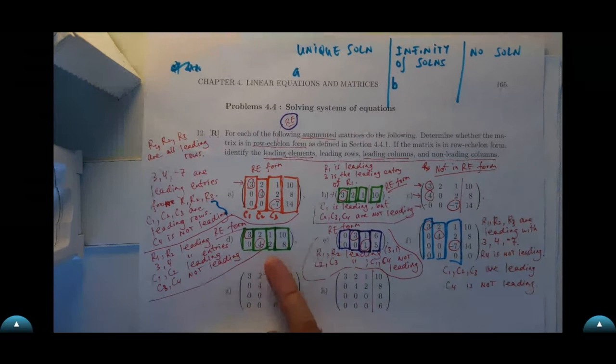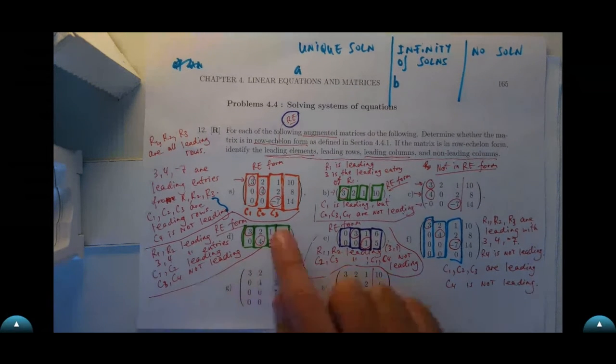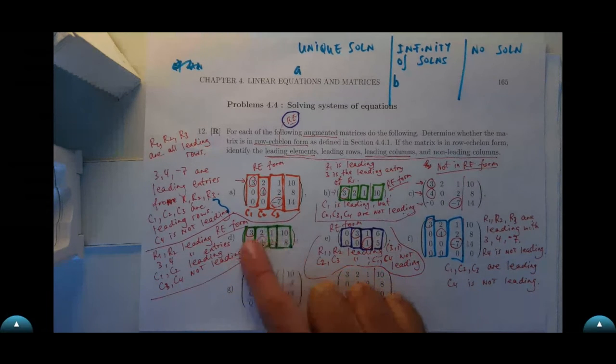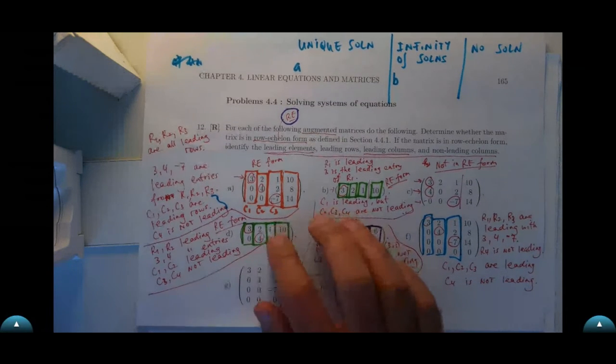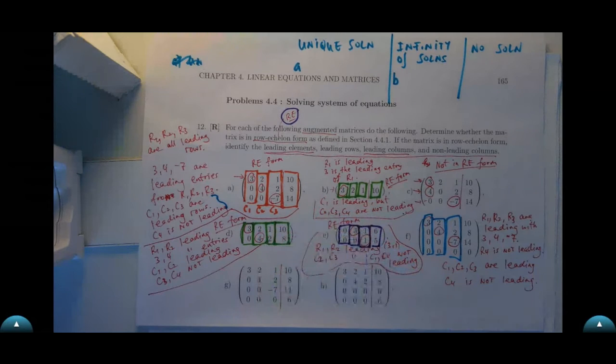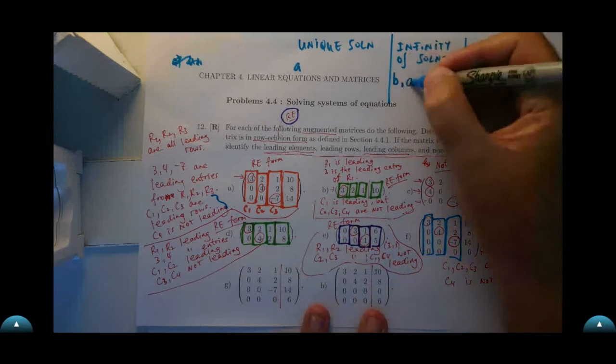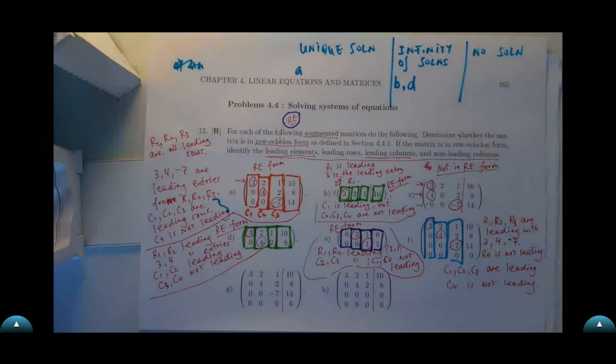Going on Russell's comment, column 3, there's at least one column on the left-hand side that isn't leading. So that must have an infinite number of solutions, right? So I'd add that to the list.